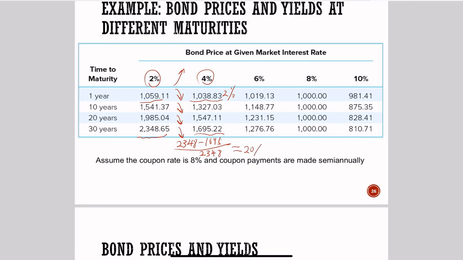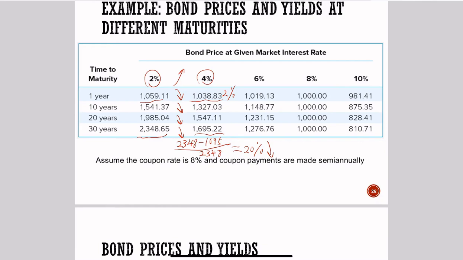Okay, let's say it's 20%. It might be 25 or 24%. But the key here is you can see that for this 30-year maturity bond, if interest rate increases from 2% to 4%, then the bond price will decrease by 20%, right?